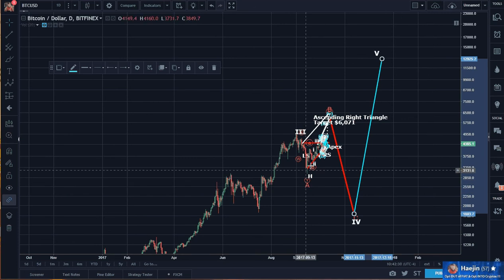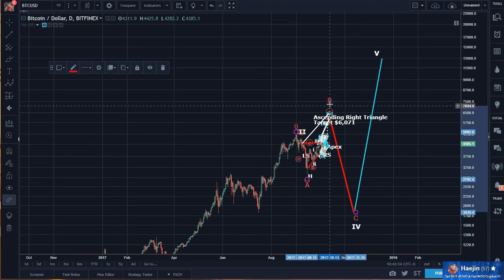Okay, so it's A, B, C for 4. Expanded flat. And then we'll get the final C. And this B could be done by end of the year or before, let's say.